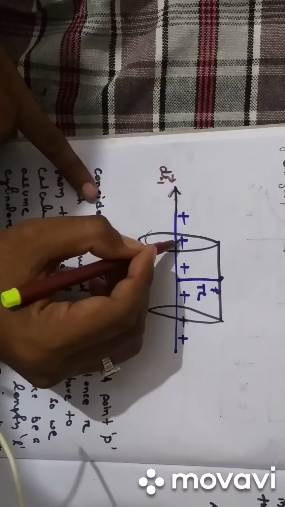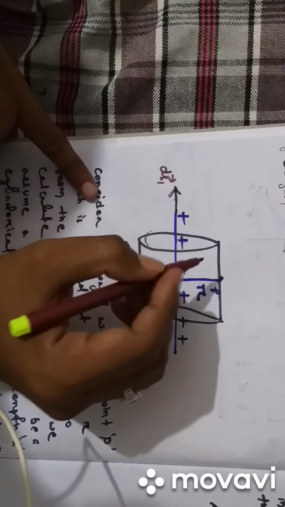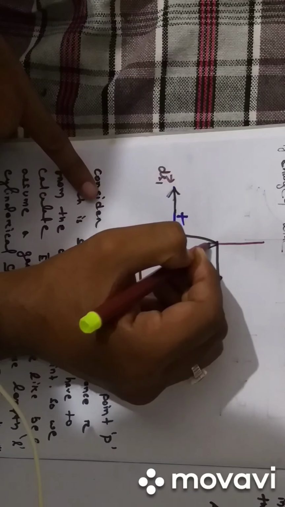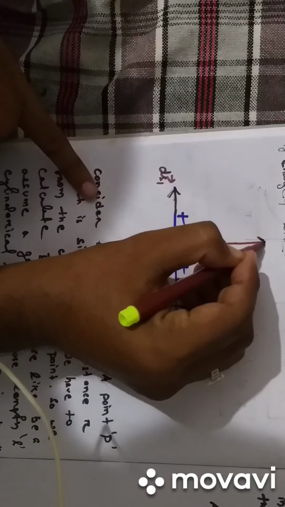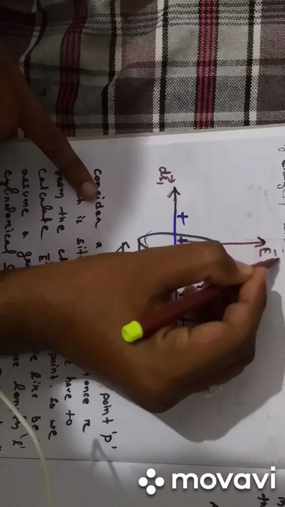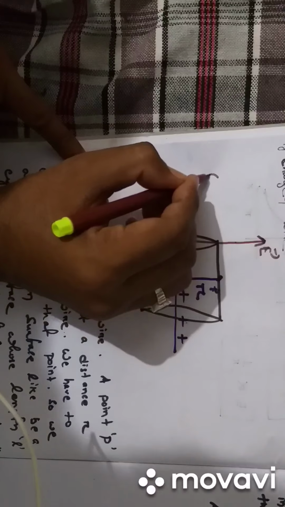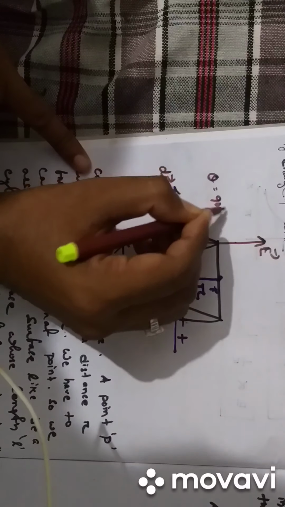Here positive charges are there, so the electric field intensity moves in the outward direction, and that electric field intensity is perpendicular to that area vector, creating an angle theta equal to 90 degrees.